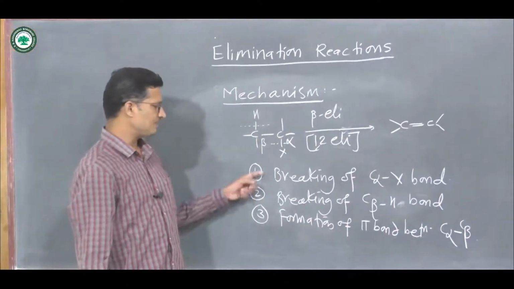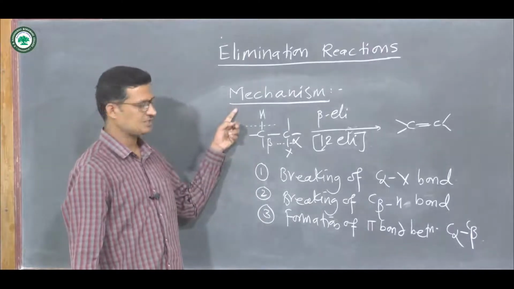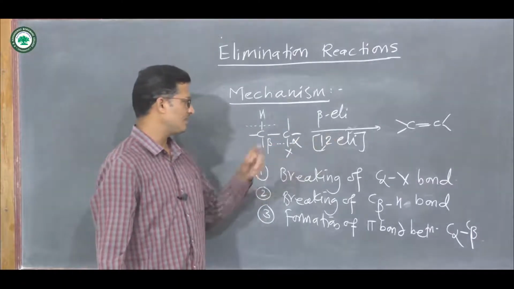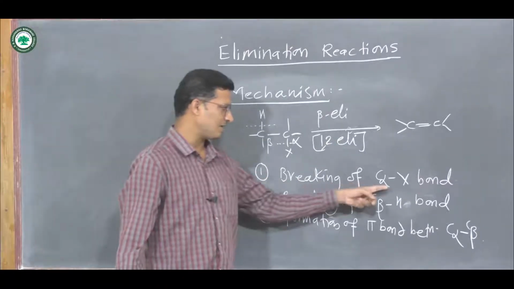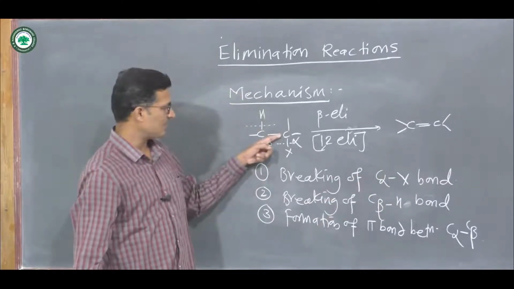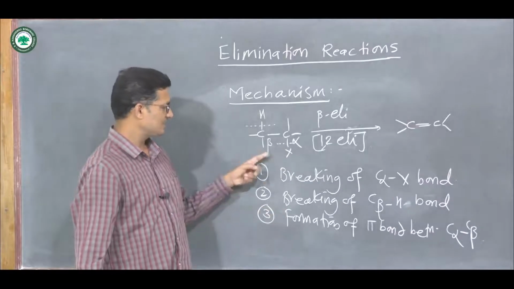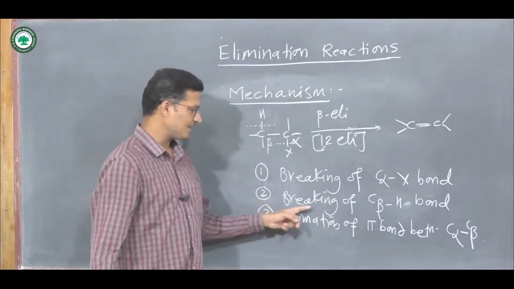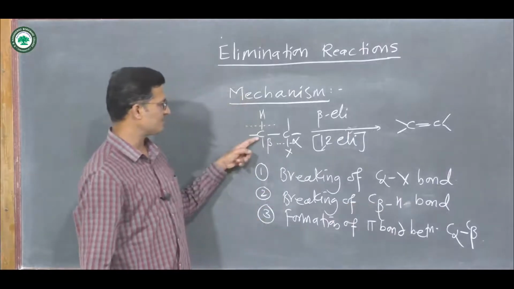So these are the three simple things that happen in an elimination reaction. In this simple example, the bond between the alpha carbon and X, or the leaving group, is broken. The second thing is the breaking of the bond between the beta carbon and hydrogen.